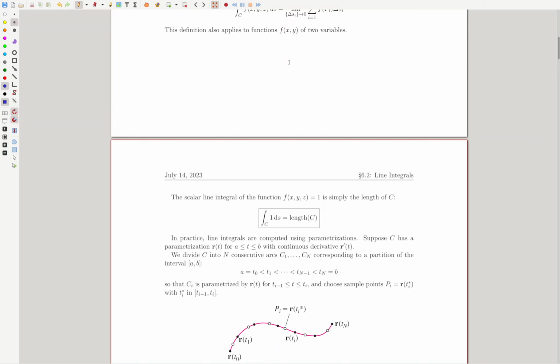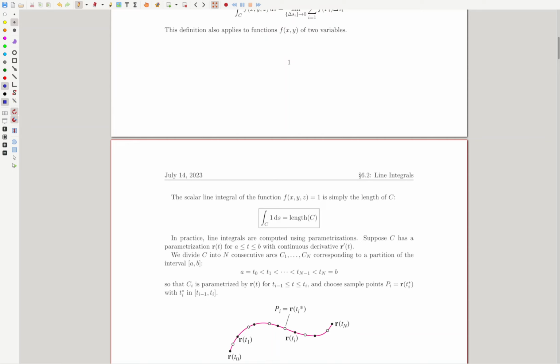So if you're taking the scalar line integral of the function 1, that is simply going to be the length of the curve, which fits into place with all the other integrals of the function 1 that we've seen. When you integrate the function 1 over a two-dimensional region, that measures area. When you integrate it over a three-dimensional region, that gives you volume.